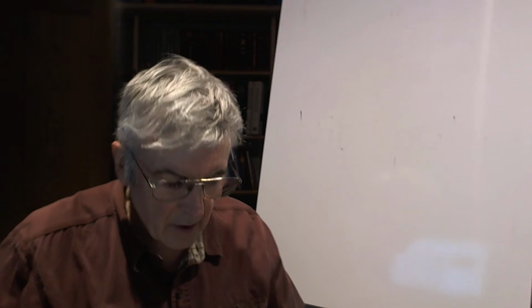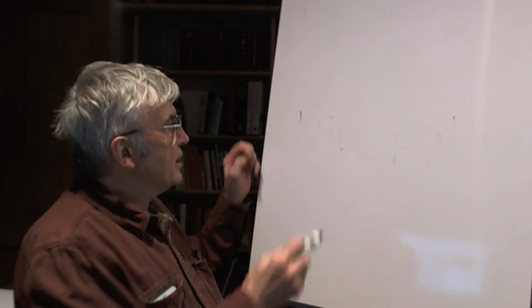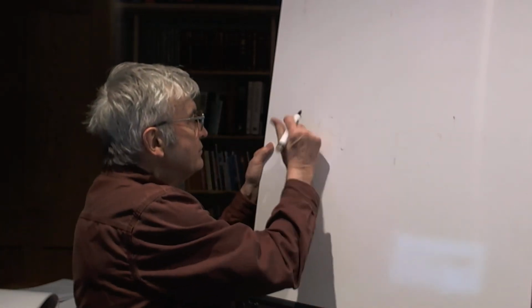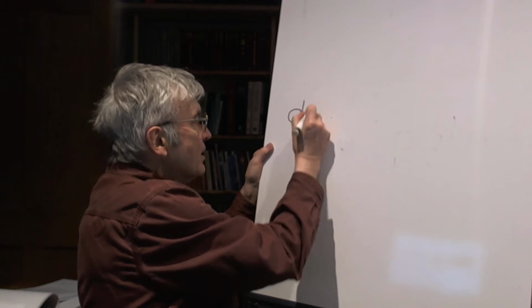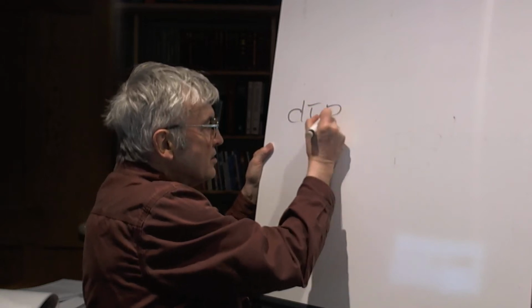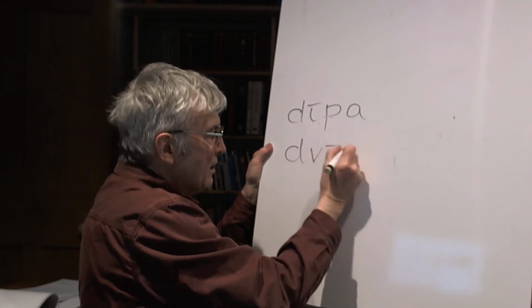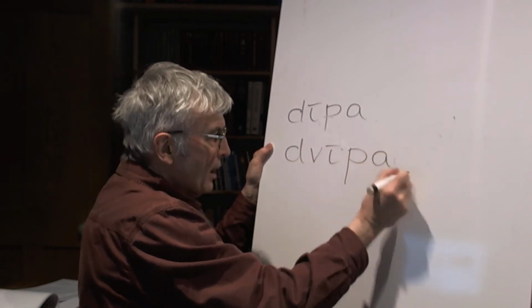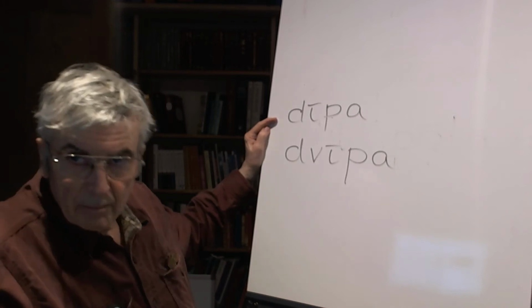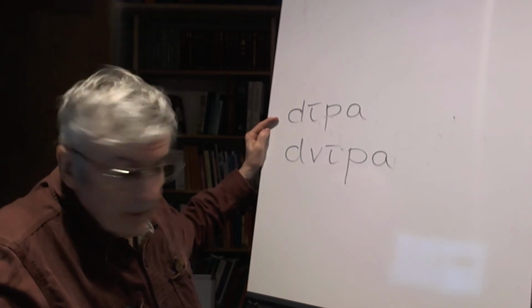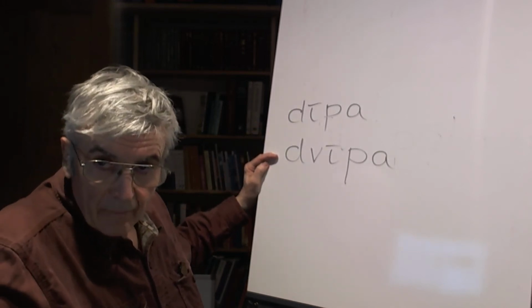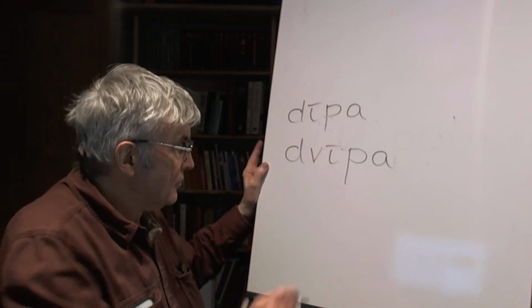Don't stress about learning words, but there are certain words that I'll point out if they are particularly valuable. I need to point out in Deepa, there's an ambiguity. In Sanskrit, you have two separate words, Deepa and Dvipa. Deepa is a lamp and Dvipa is an island.